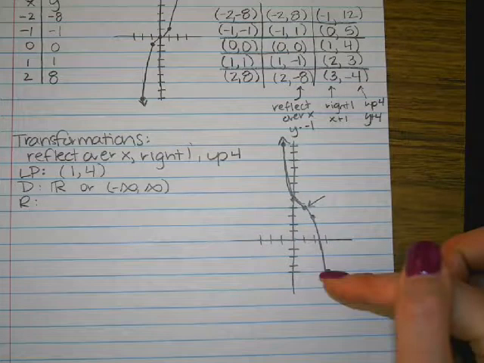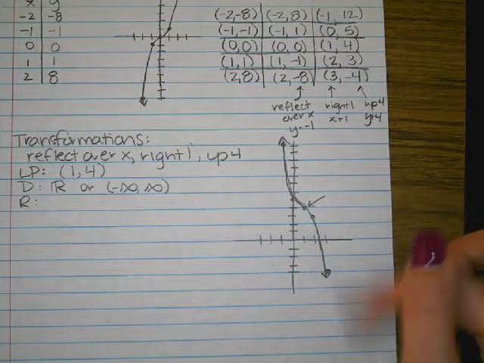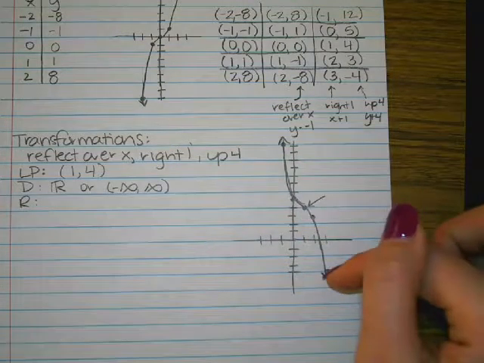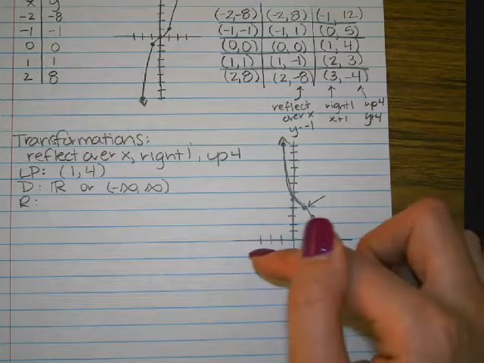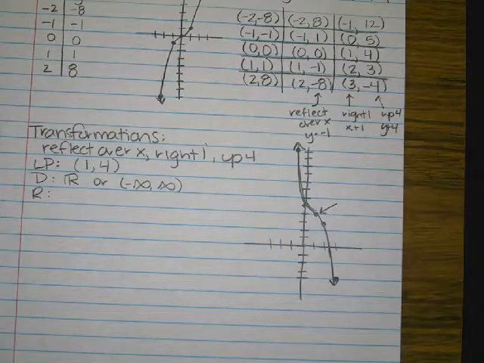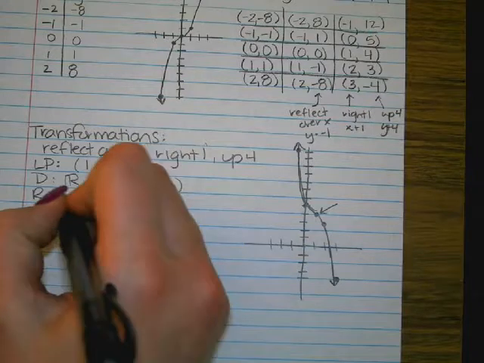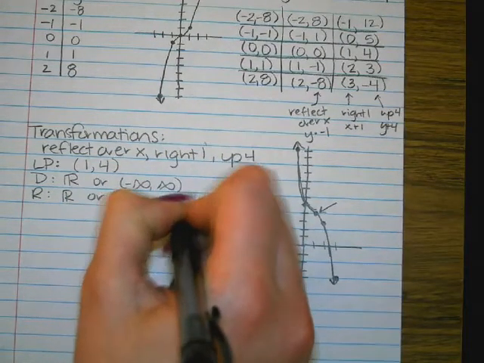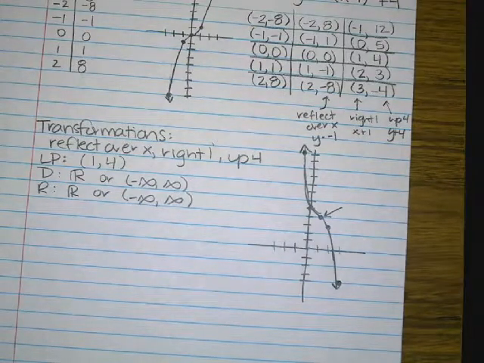And then there's an arrow going down that tells me that every single negative y value is also going to be there. And I can see that my graph didn't skip anything. So, yeah, the range for this one is all real numbers as well. And that's different because the other ones we looked at, it did have some skipped y values. So I think this might be the first graph we've looked at that doesn't skip anything.